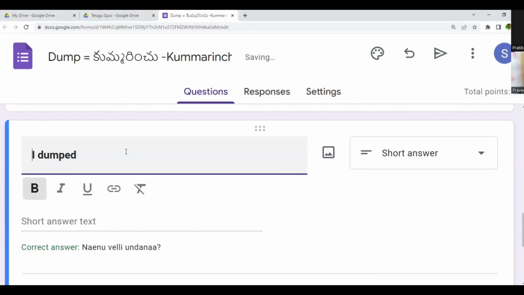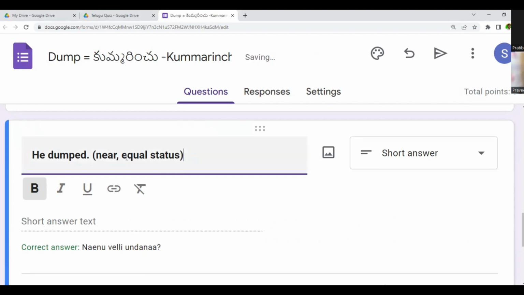Here, just for a change, we use a different subject. Can you tell me any subject, like a personal pronoun, like nenu, ame? Ame, he, atadu. Instead of atadu, we'll take something else. But he dumped. I will write here: near equal status.